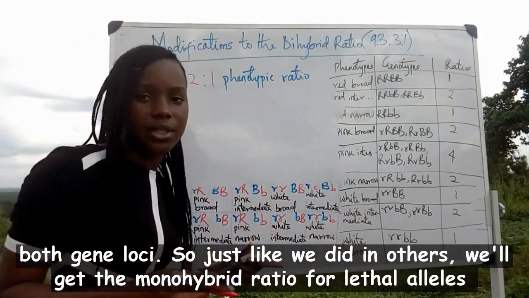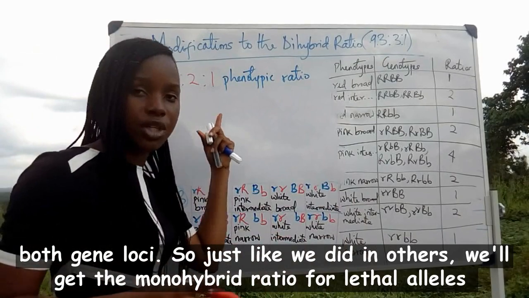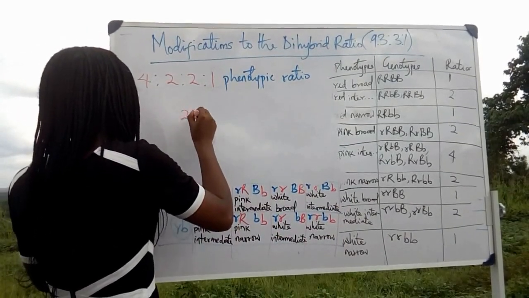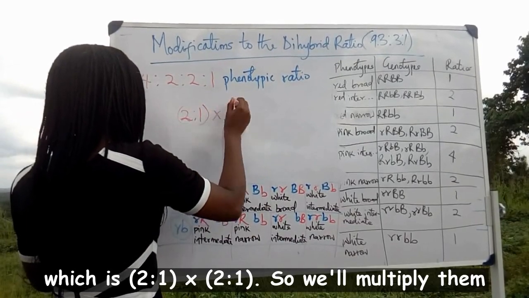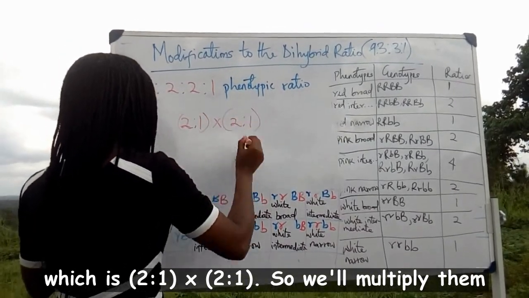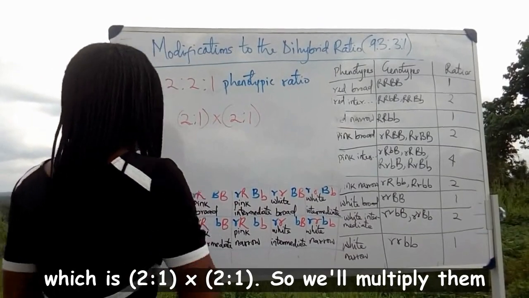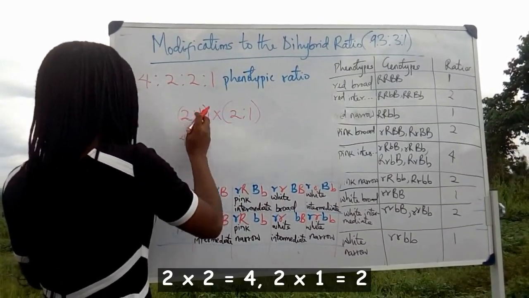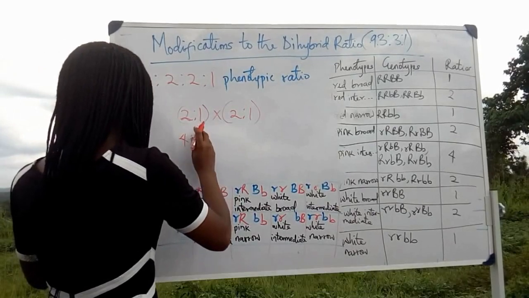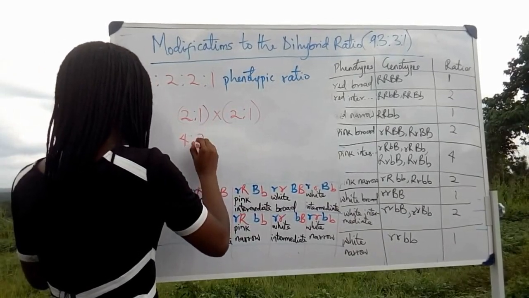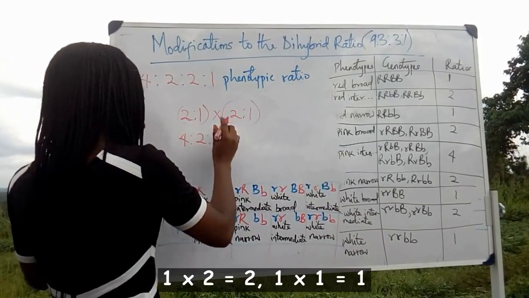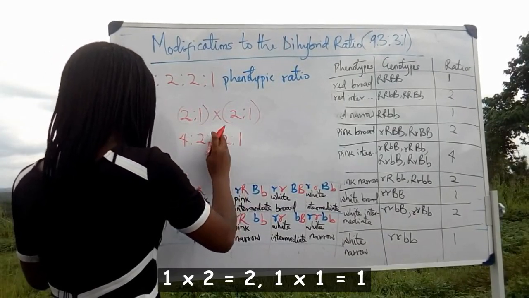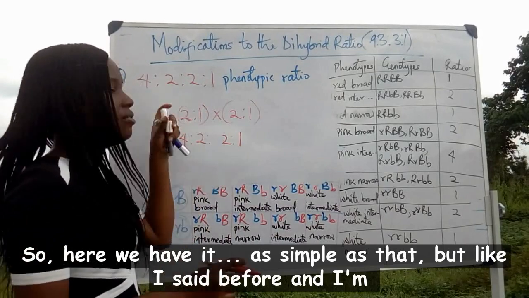So just like we did in others, we get the monohybrid ratio for recessive lethal alleles, which is 2 to 1, times 2 to 1. So multiply it. 2 times 2 is 4. 2 times 1 is 2. 1 times 2 is 2. 1 times 1 is 1. So here we have it.